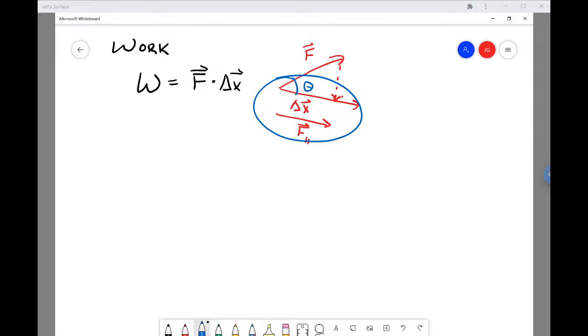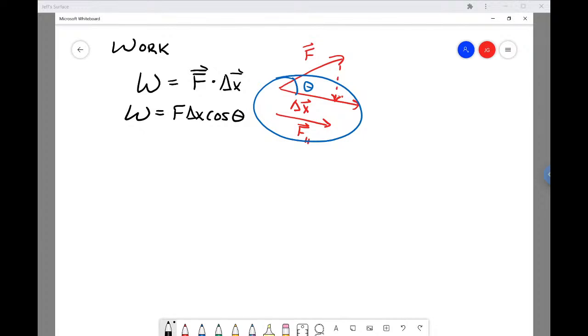It's the portion of the force that's parallel to the displacement. So work is then a scalar quantity. It's the magnitudes of these two vectors times the cosine of the angle between them.